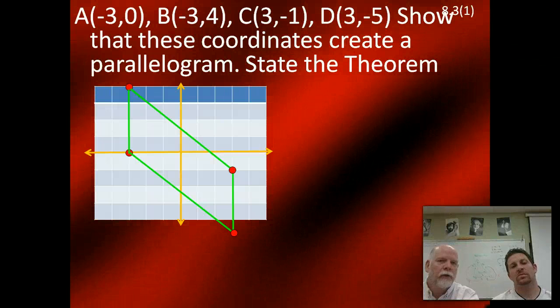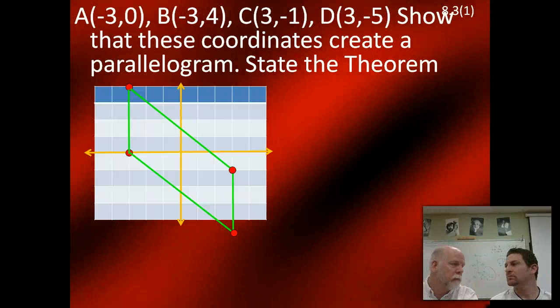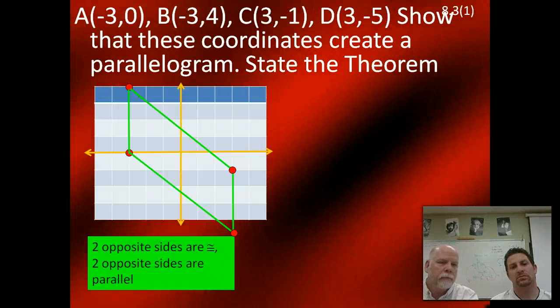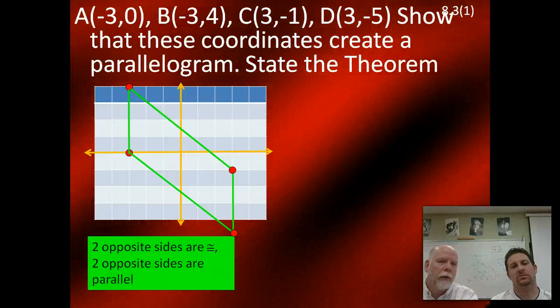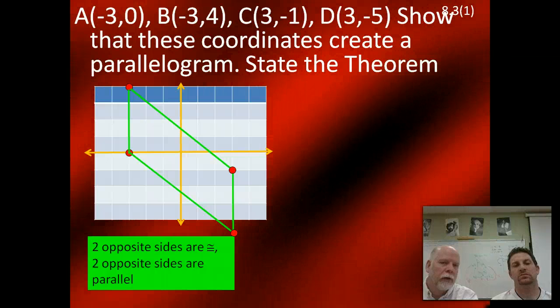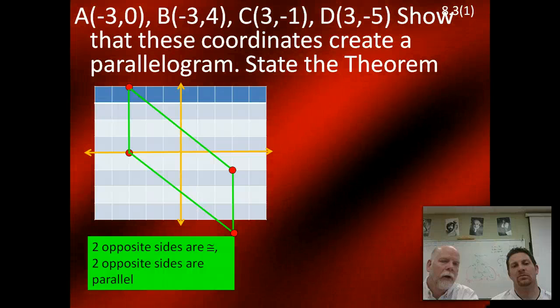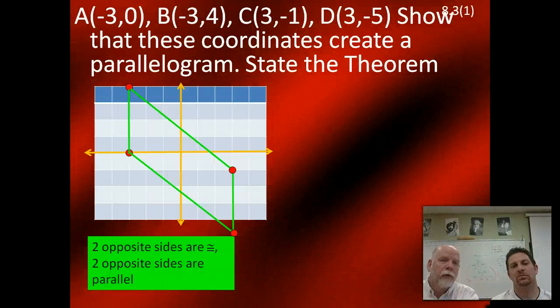Okay. And now if we're going to try to prove that this is a parallelogram, we'd need to use one of those 5 theorems that we had on that last slide. And so if we show that 2 opposite sides are congruent and parallel, the vertical line on the left and the vertical line on the right are parallel to each other because they're both vertical.